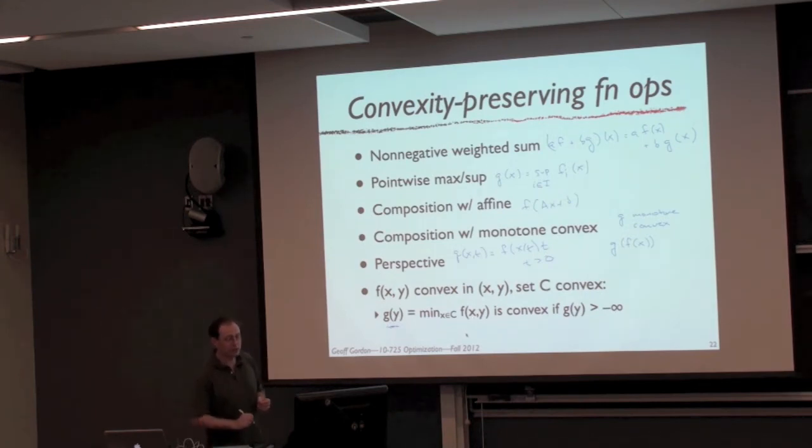So let's assume that that minimum is always bounded below. In other words, it's not minus infinity. This function is going to wind up being convex if f was convex. And the intuition for this is kind of cool.